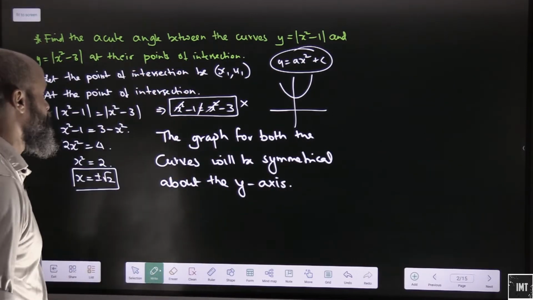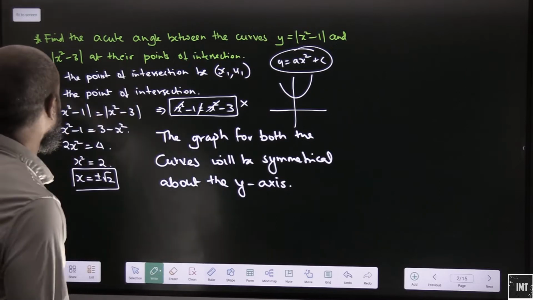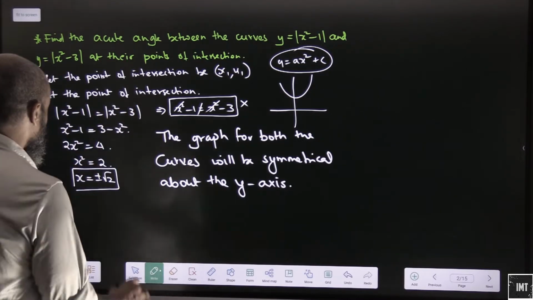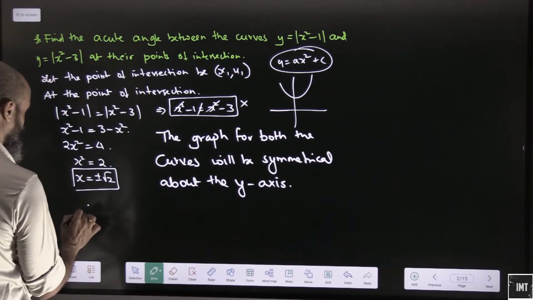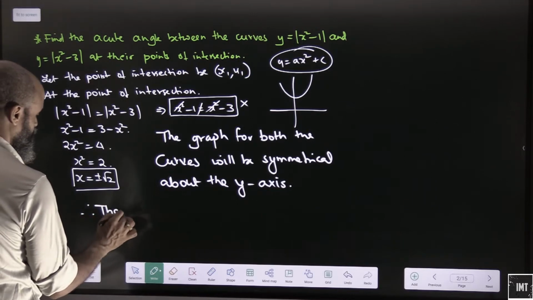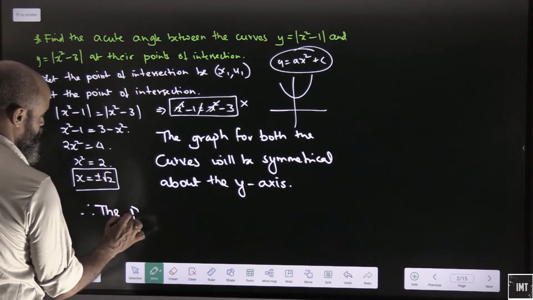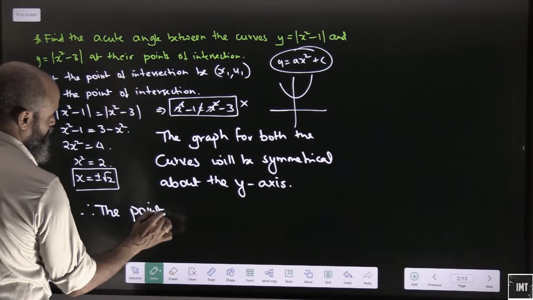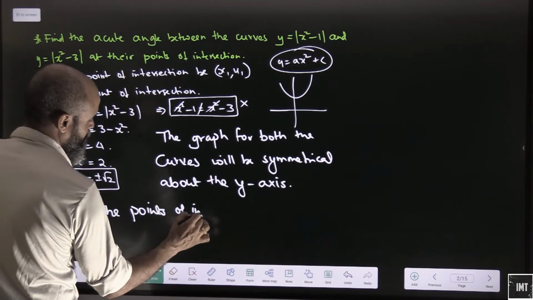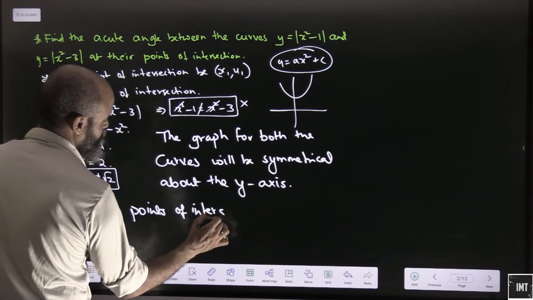Now let's take this here. Okay, so we have y is equal to this and this at their points of intersection. So what will be the points of intersection?